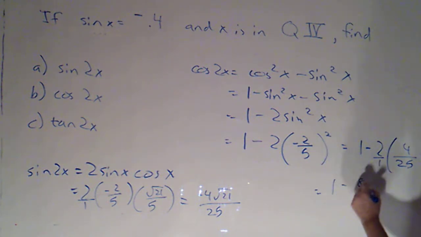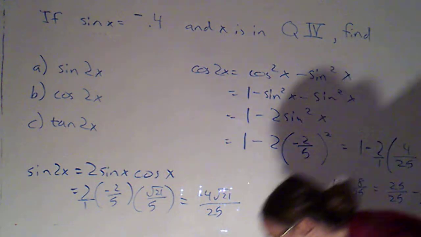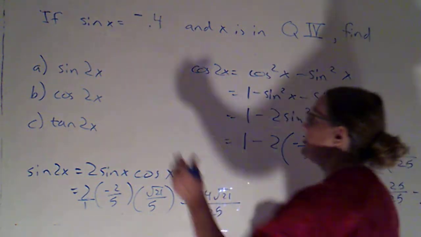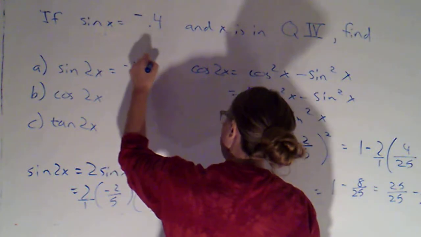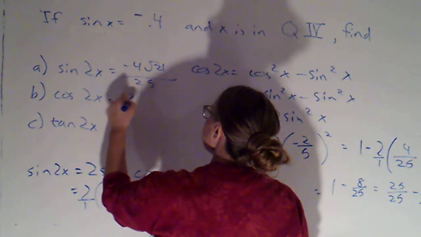So I get 1 minus 8 25ths. That'll be 25 25ths minus 8 25ths. That's going to give me 17 25ths. Excellent. So I've now got sine of 2x, I've got cosine of 2x. I'm just going to write my answers in here so I can clear the board and still have that.